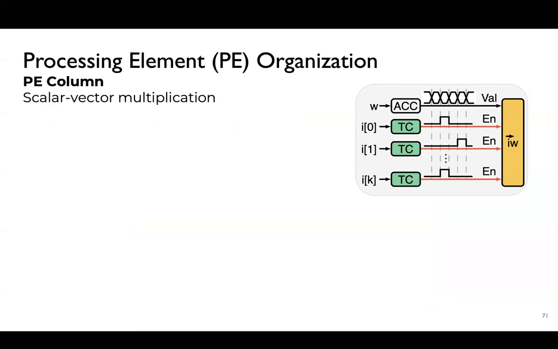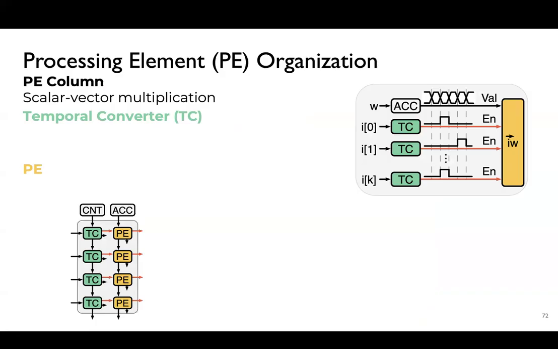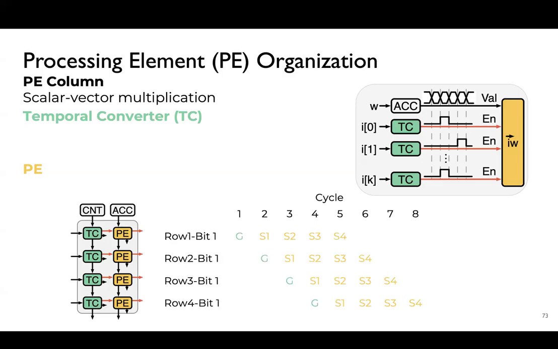Recall from earlier slides, a PE column effectively implements a scalar vector multiplication, so the column is composed of a column of temporal converters and a column of PEs. Note that they share a single counter for conversion and accumulator for weight accumulation. Those are at the top.